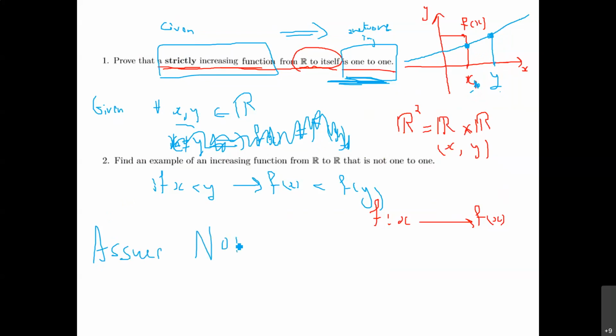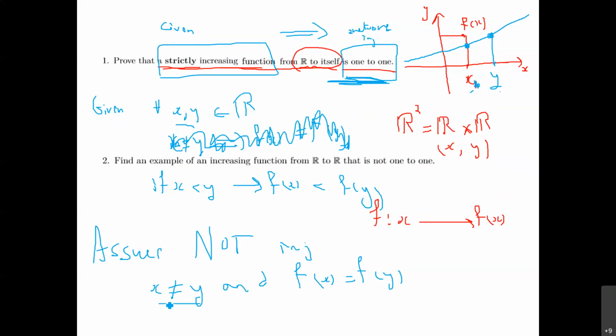Now we're gonna assume that it's not injective. What does that mean? You have x is different than y, and f of x equals f of y, right? This is when you're not injective.